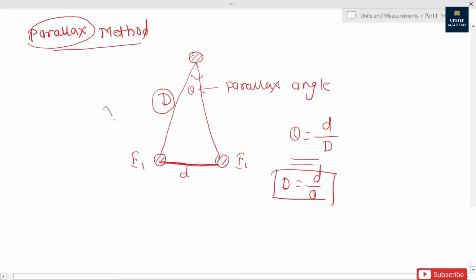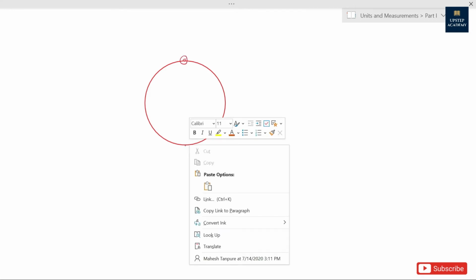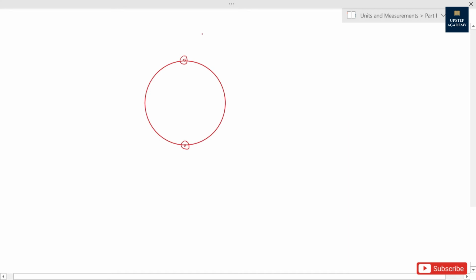So in this manner we can find this distance. We can apply the same concept for measuring the distance of stars and planets from the earth. So let's see how we measure the distance of a planet from the earth. Let's consider this is the earth, and here there are two points on earth.